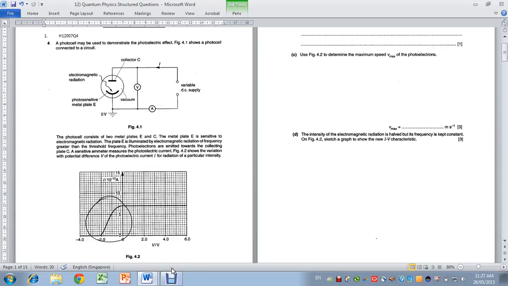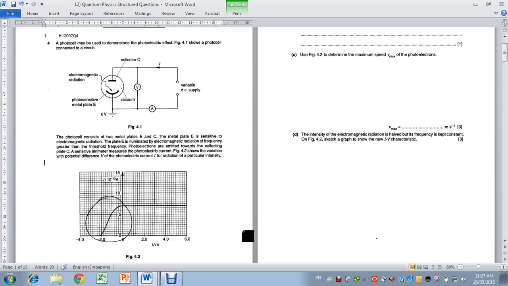The sloping graph means that the current is decreasing when you're increasing the potential difference across it. We know that the stopping potential comes about when the kinetic energy of the highest energy electron is not enough to overcome the electrical potential energy. That's what you use to measure stopping potential.